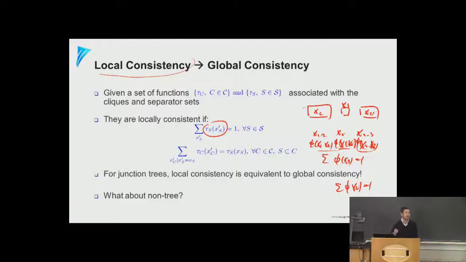So this is first of all giving you the correctness of the proper marginal, that they should sum to 1 as a distribution.